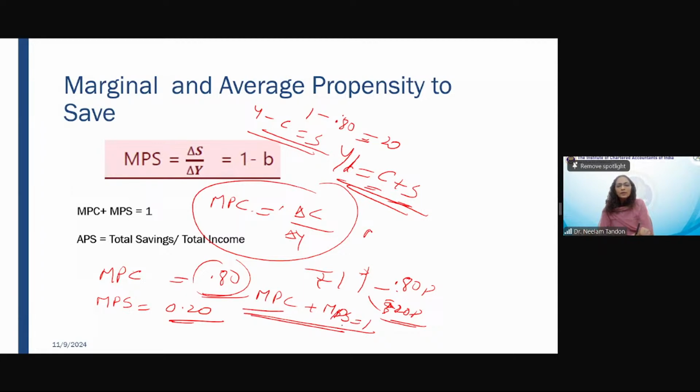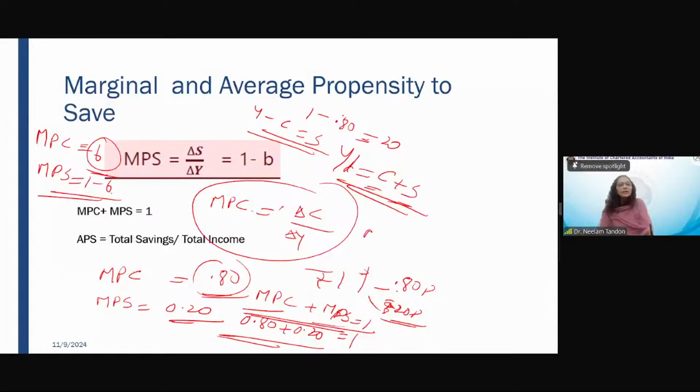Because if you are not consuming, then you are saving. So if MPC is 0.80 and the sum is equal to 1, that means MPS will be 0.20. Or we can also write, you know MPC is equal to b. So we can also say that MPS will be equal to 1 minus b.